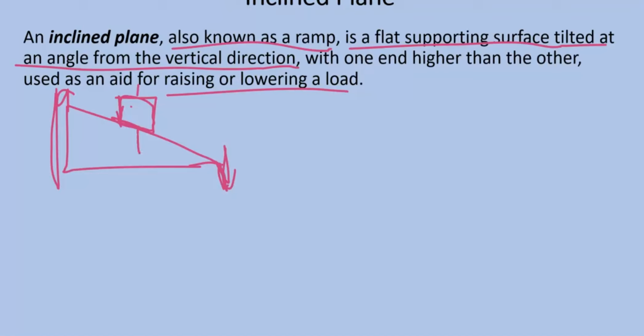So we have a block here, and let's have a standard coordinate. When we say a coordinate, that is the X and the Y coordinate. This is the X and this is the Y. So when we have a block on this, this is the standard coordinate as the X and the Y coordinate.